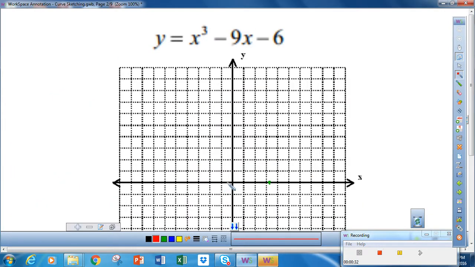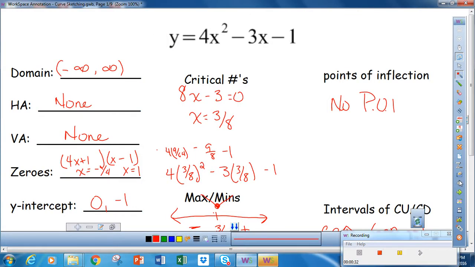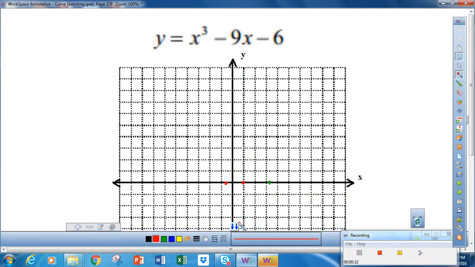The minimum is at 3/8. And again, we would use whatever value that is. I don't know what value that is, so I'm just going to put it somewhere. And we know that it's always concave up. So this graph would look sort of like this.